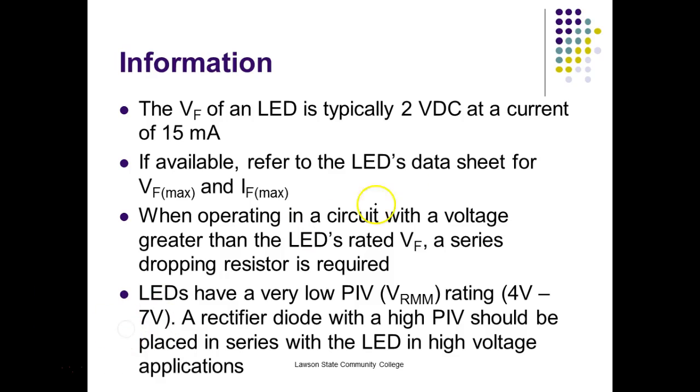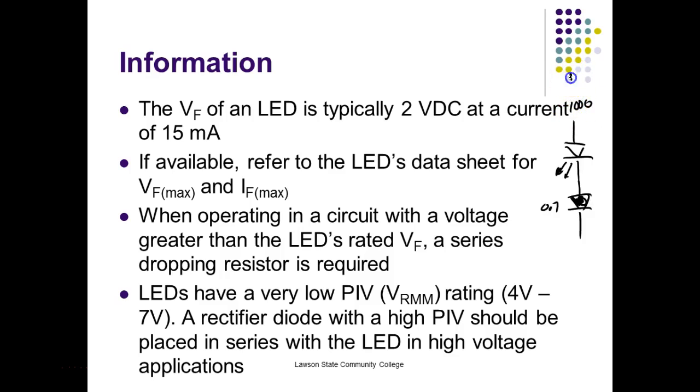Yes or no? So I could come over here and I can have my LED, right? And then I could come over here and put a regular diode in series with it. And of course, we would add 7/10 of a volt to it. But now I might have 1,000 volts up here. As long as the breakover voltage on my regular diode was not over 1,000 volts, then we could run an LED at that voltage, right?